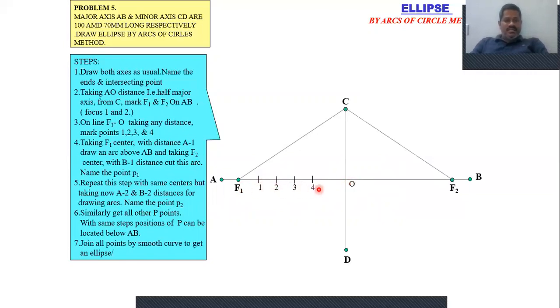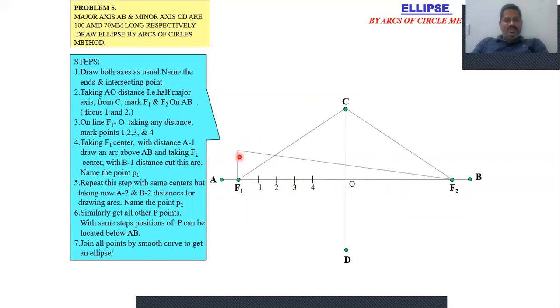Now, taking A1 as radius with F1 as center, draw the two arcs first. With A1 as radius and F1 as center, draw one arc. With B1 as radius and F2 as center, intersect the previous arc like this.